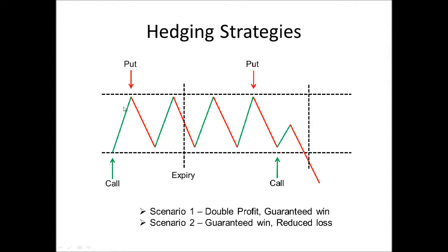On a put, when price reaches this resistance area, we could place a $5 put instead of the full $10. Once we have some sort of bearish confirmation that the resistance could hold, we would then place the remainder of the position, another $5 put. Now the reason for doing this is the more signals we have that a support and resistance is going to hold, the more likely we will profit.